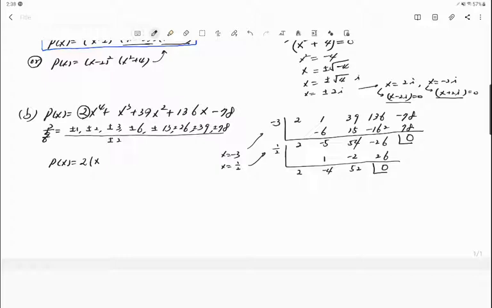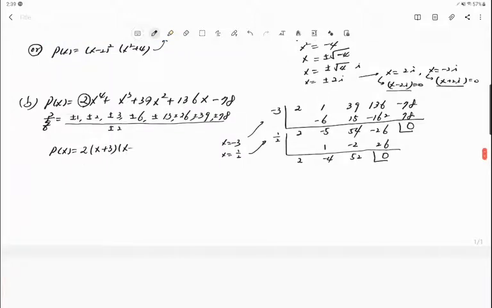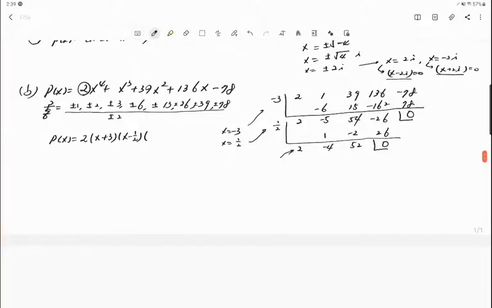And then from the first x value we got, which is negative 3, it becomes x plus 3, right? And then x is 1 half, so it will be x minus 1 half. And then the last line, 3, right? There are three numbers, that means x squared, right? 2x squared minus 4x plus 52, right?